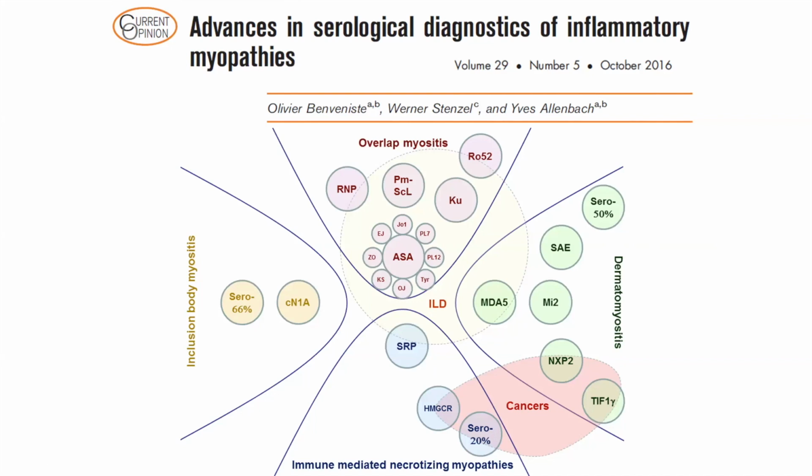And furthermore, we can observe some shared autoantibodies with scleroderma, such as anti-RNP, anti-PM/Scl, or anti-Ku. And in this subgroup, you have the subgroup of antisynthetase syndrome. And finally, totally separate, totally different, is the group of inclusion body myositis.